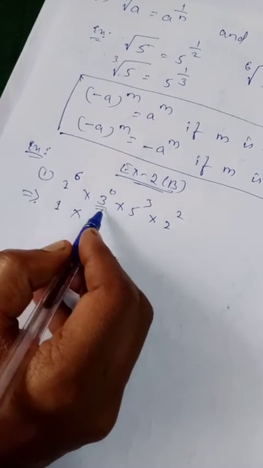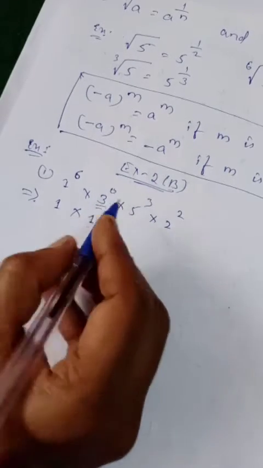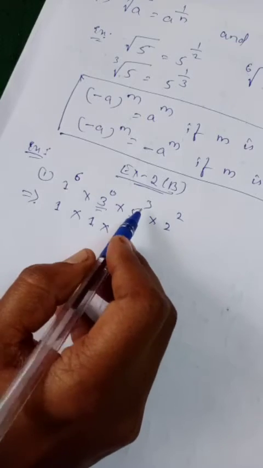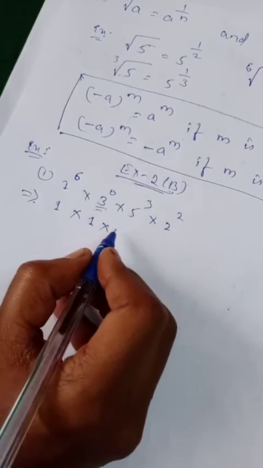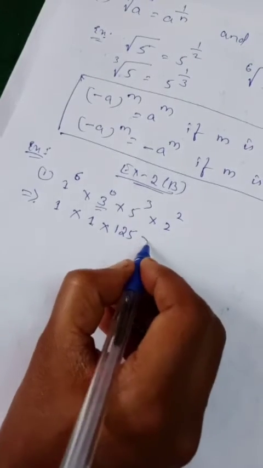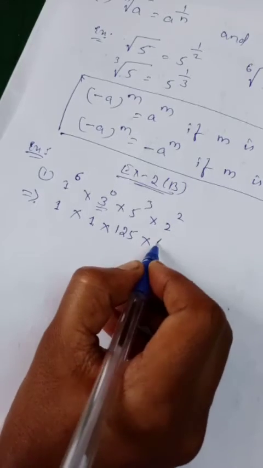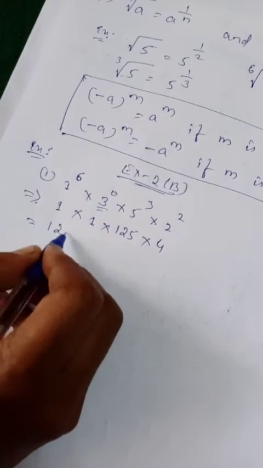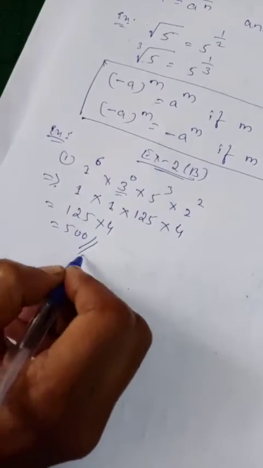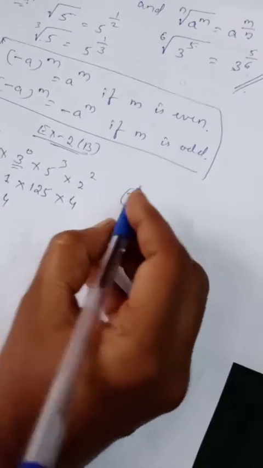I told you any number to the power 0 is always 1, so 3 raised to the power 0 is 1. This is 5 cube, and 5 cube is not 15. This is 5 into 5 into 5, that is 125, into 2 raised to 2. 2 into 2 is 4. Here 125 into 4 is nothing but 500.